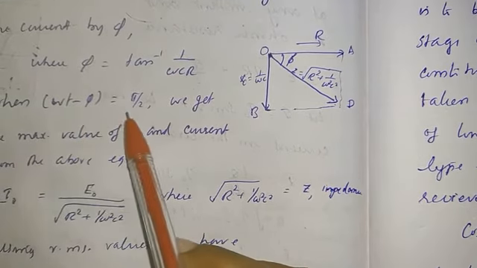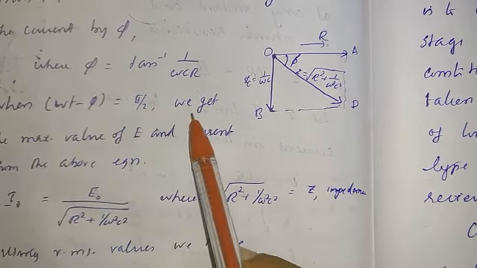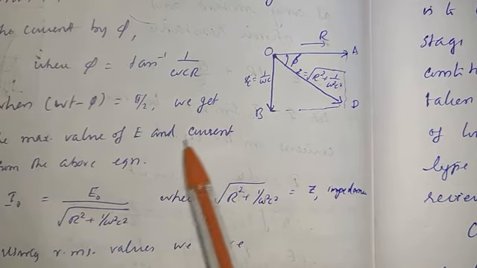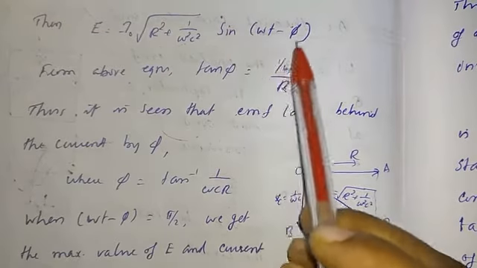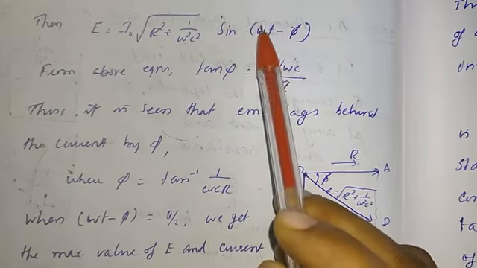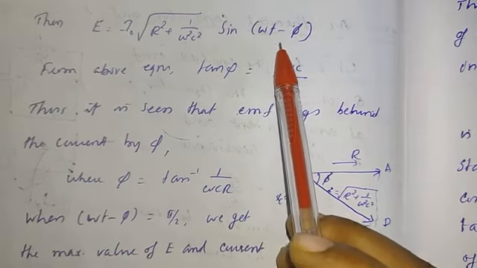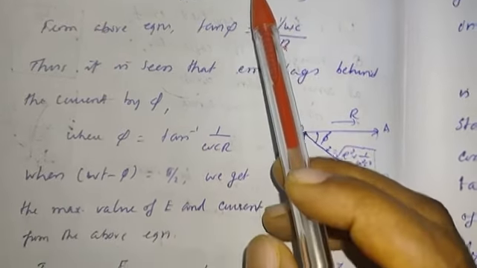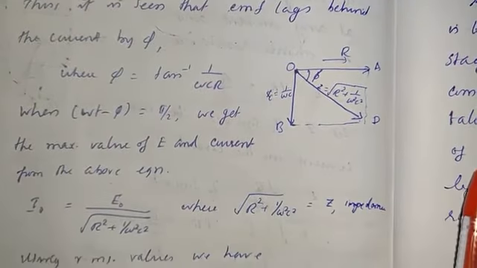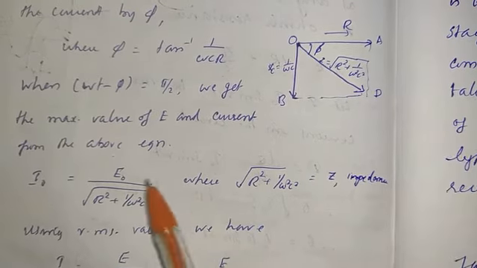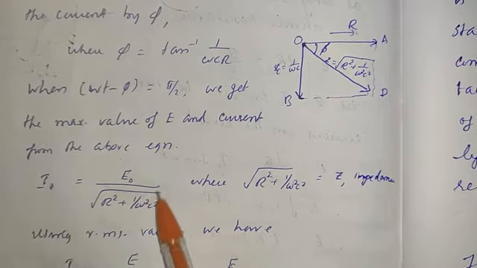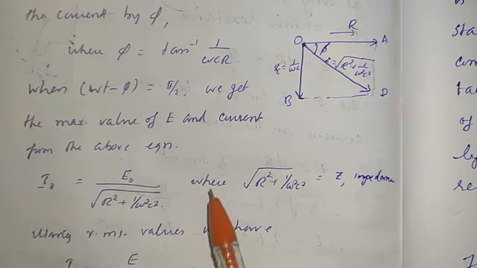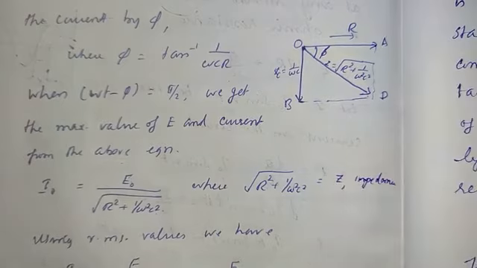When omega t minus phi is equal to pi by 2, we get the maximum value of E and current from the above equation. The sine function will have its maximum value when this angle becomes pi by 2. Now I0 is equal to E0 by the square root of R square plus 1 by omega square C square.